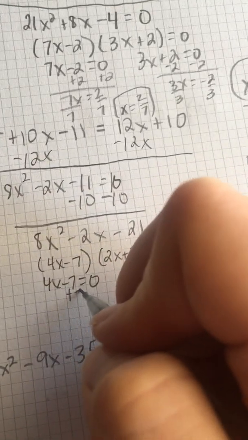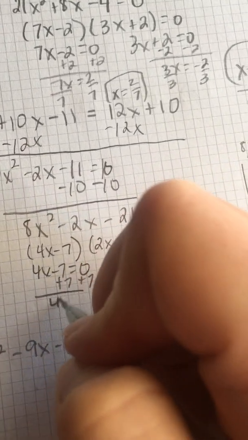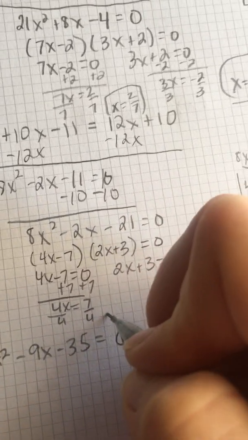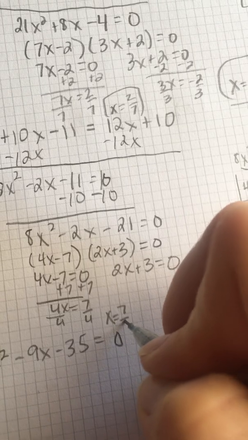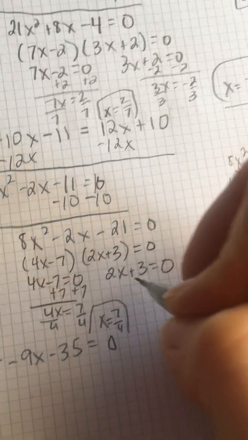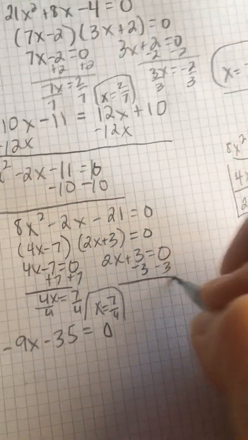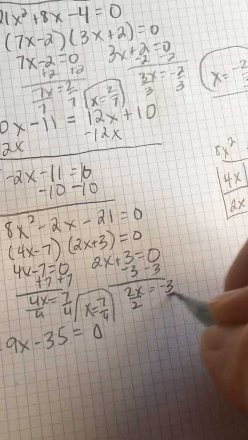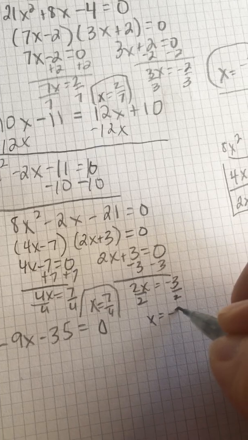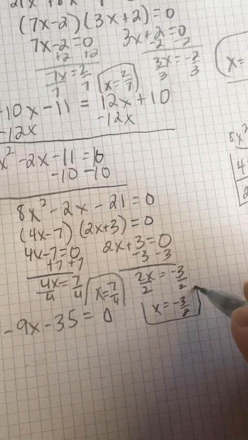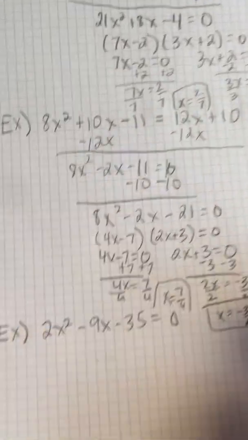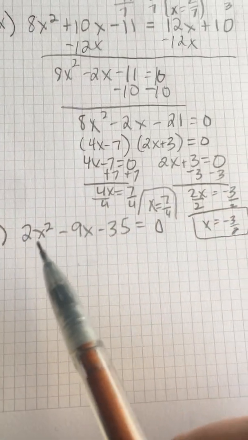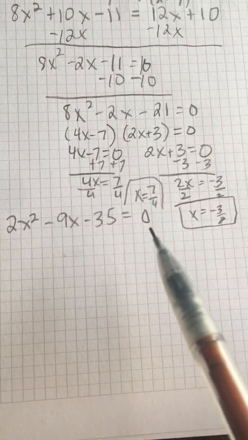I add over the 7. I divide the 4. And I get x equals 7 over 4. I subtract over the 3. I get 2x equals negative 3. Divide the 2. I get x equals negative 3/2. Second answer.